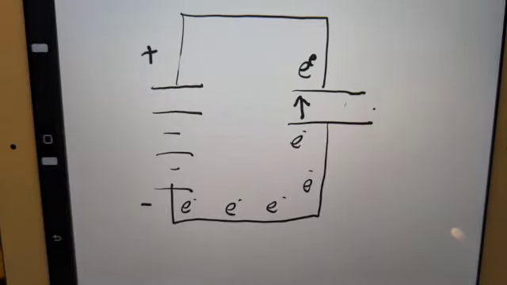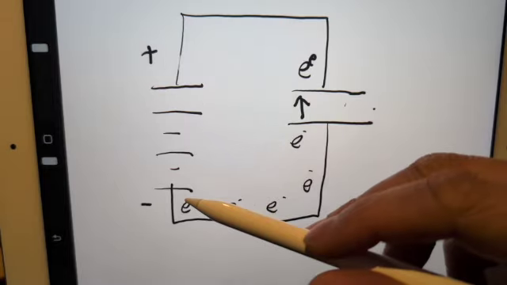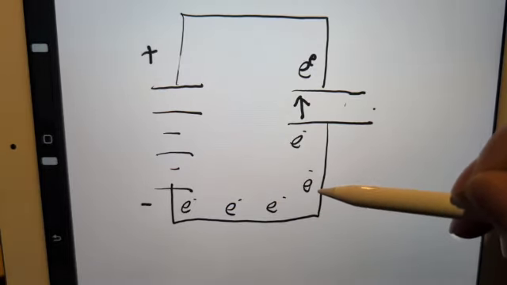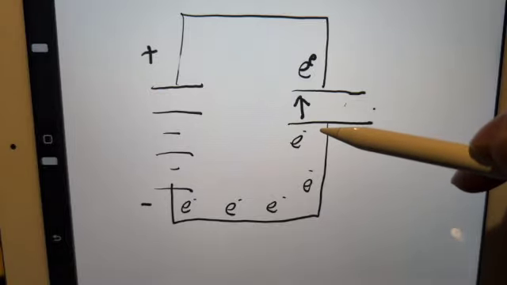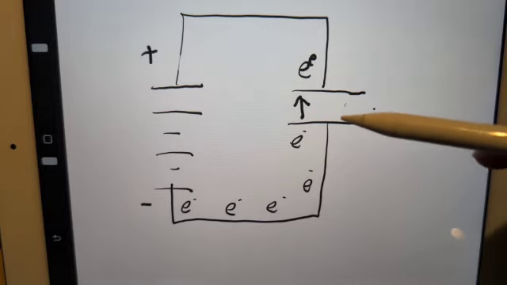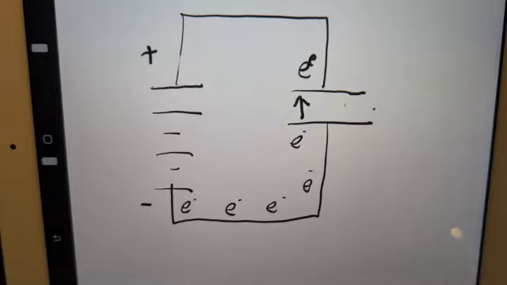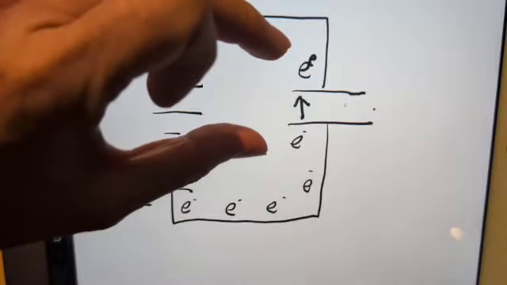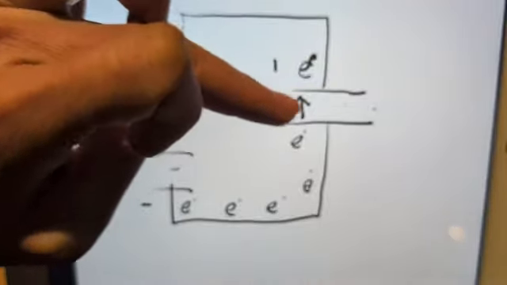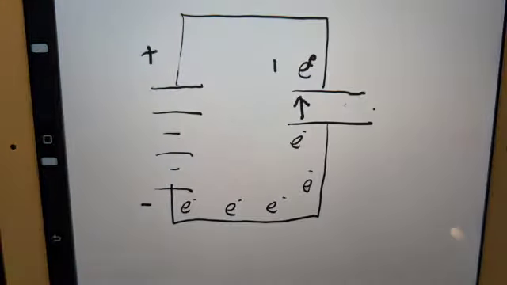So the electrons travel from the negative end of the battery, and when they get here, something special happens. Because these plates are in such close proximity to each other, the electromagnetic field can be felt from across the gap.